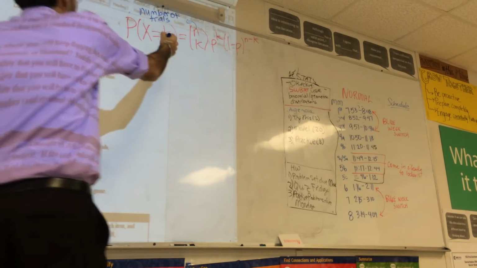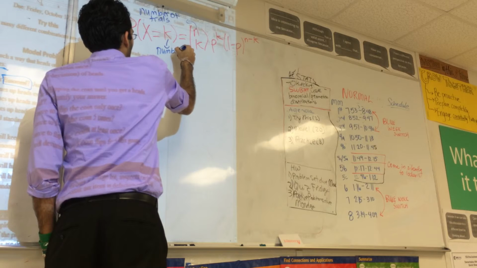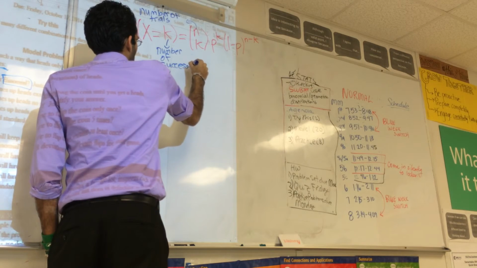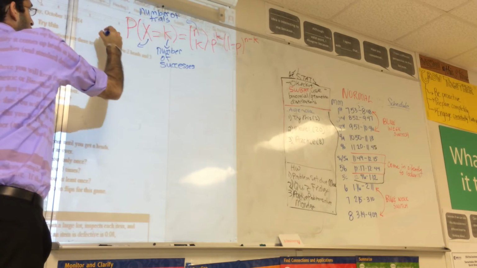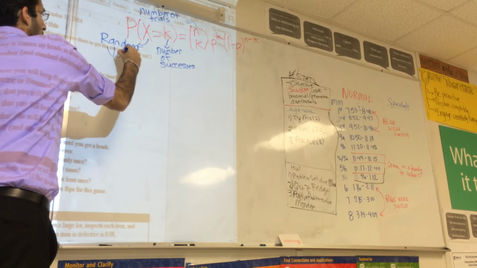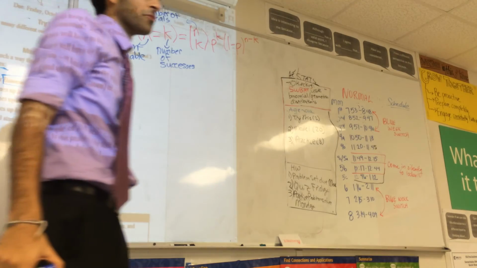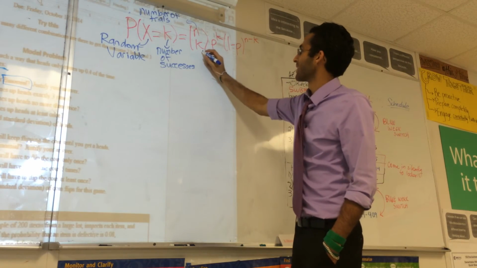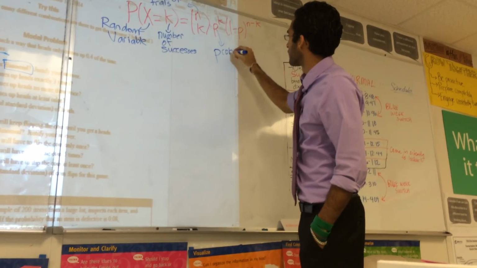So let me first label, then we'll apply it to this problem. k is the number of successes. x, of course, is just the random variable. p is the probability of success.